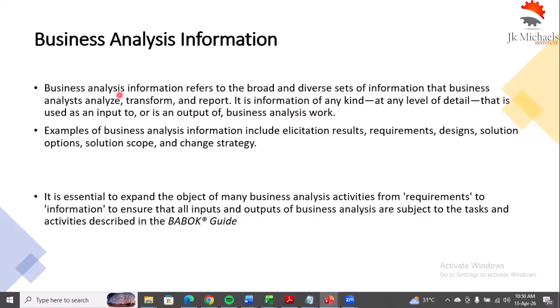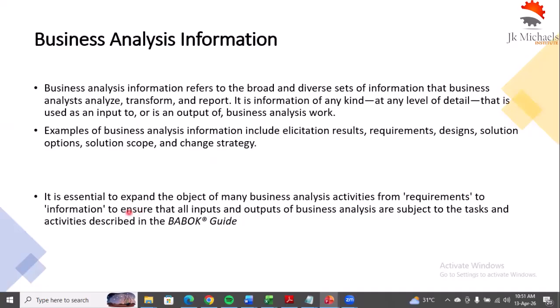That will include elicitation results, requirements, design, solution options, solution scope, the change strategy. It is very important to expand business analysis work from, we don't just call it requirements, we call it business analysis information, because it will include requirements, designs, and every other kind of document or information that helps us to perform business analysis work.